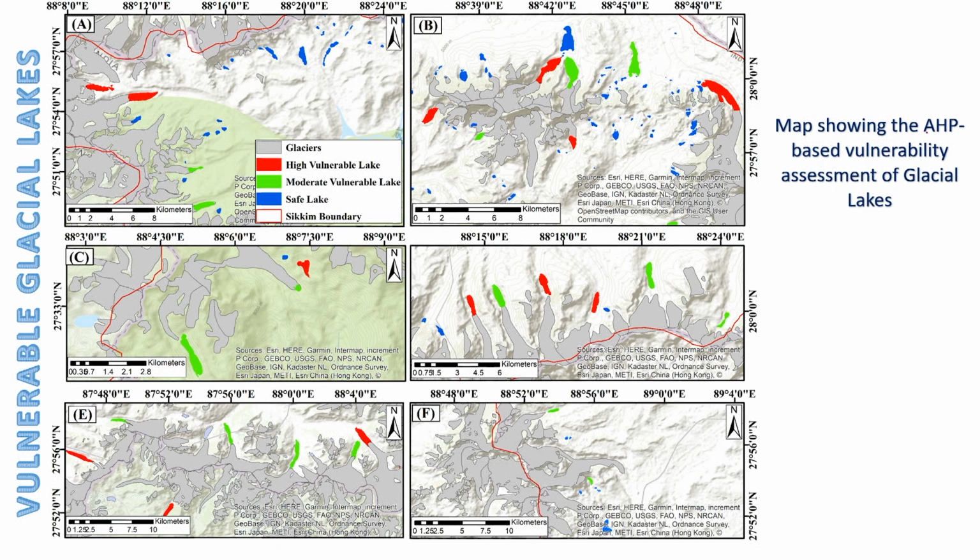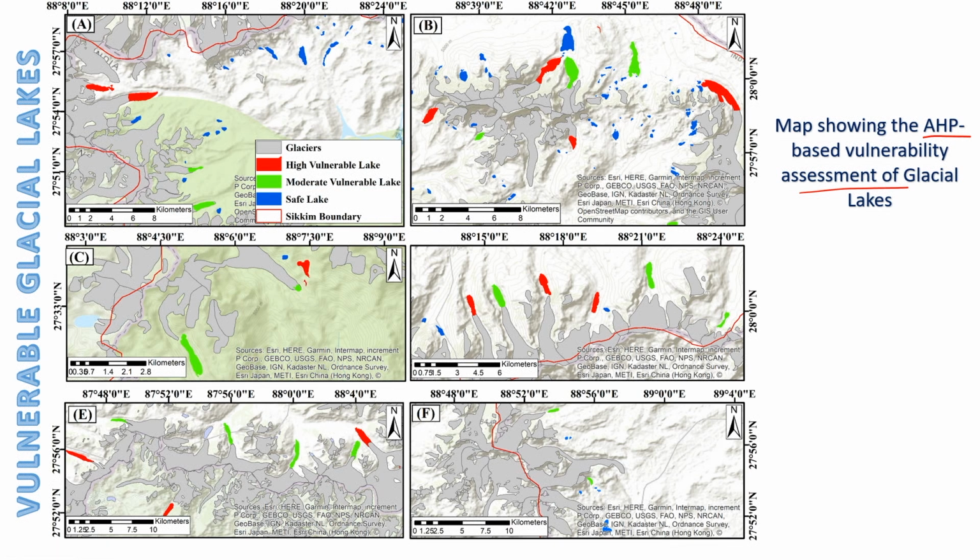Based on that, we have used all the parameters derived from remote sensing and the field investigation. Based on the AHP analysis, we have found some of the lakes are falling under the category of highly vulnerable lakes. Some of them are moderately vulnerable, some of them are safe.